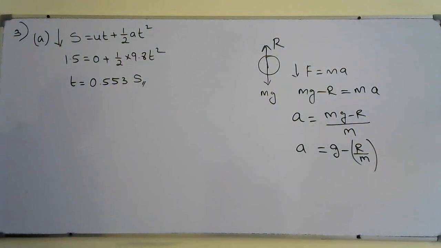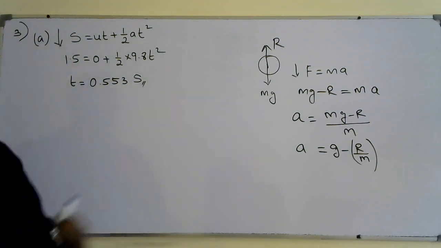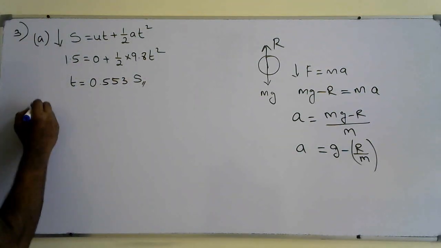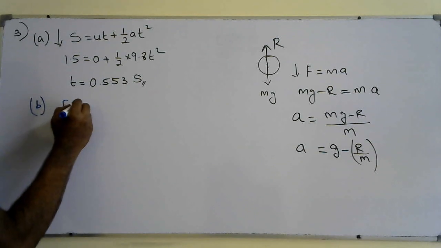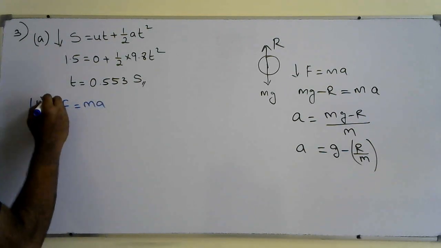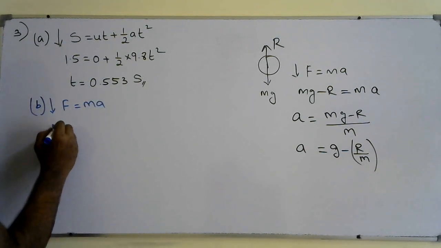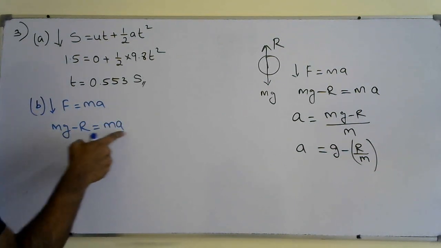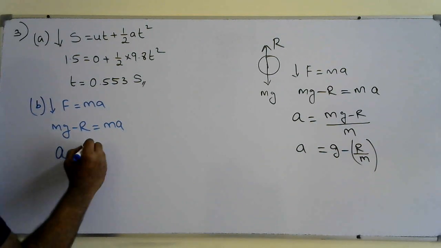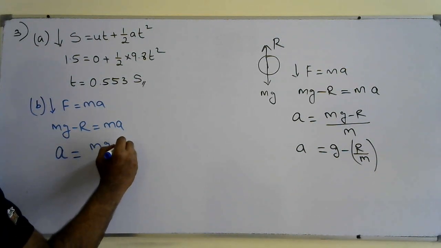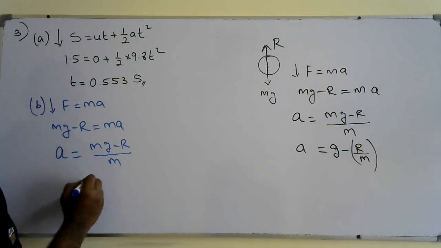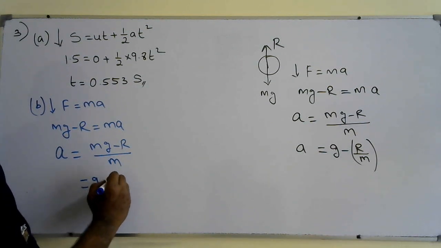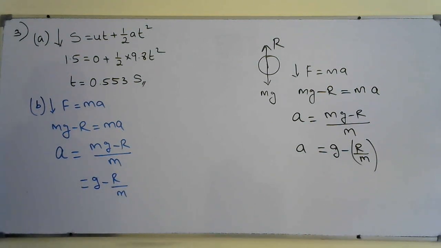So this is part of the answer. I'll do the b part separately here. I'll use the same diagram and write the same thing again. F equals ma downwards, that is mg minus r equals ma. So if I make a the subject, a equals (mg minus r) over m, that will be g minus r over m, right?